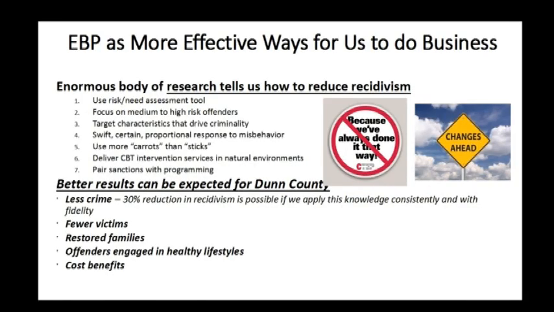There are more effective ways for us to do business. We learned about a number of these research-based practices, and we can expect better results for Dunn County. Maybe not that 30% reduction, but any kind of reduction would be a win for us.